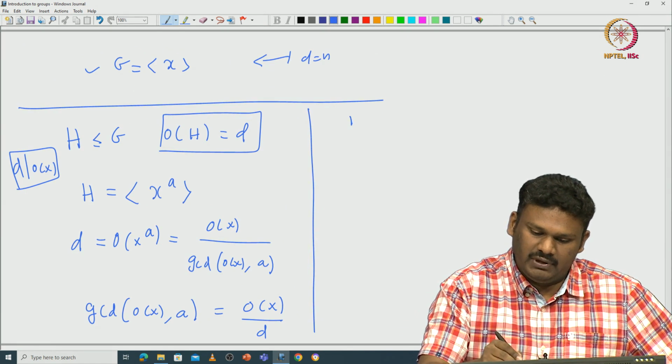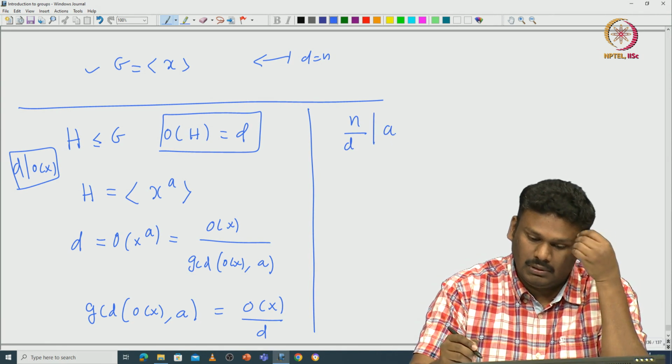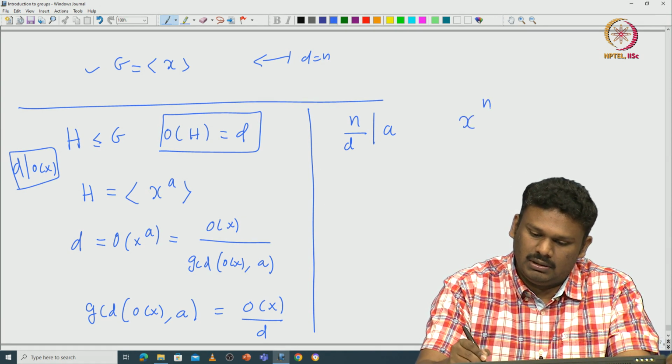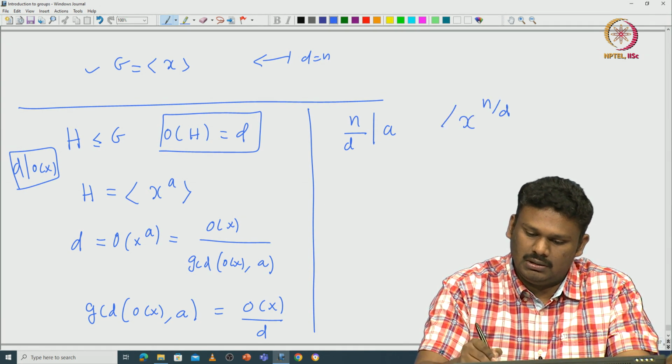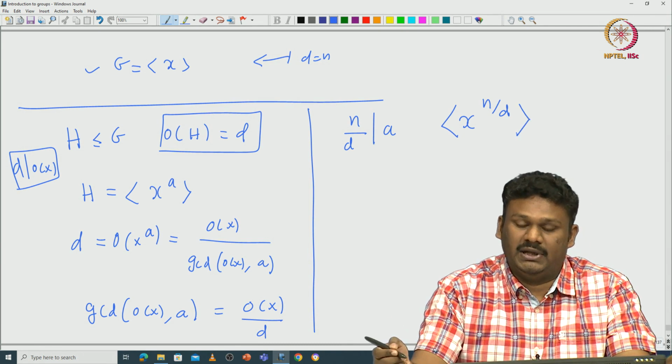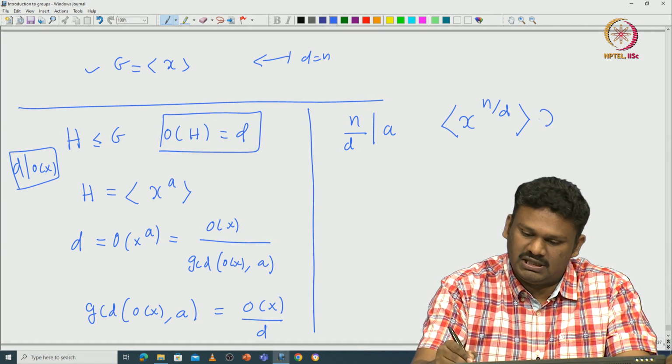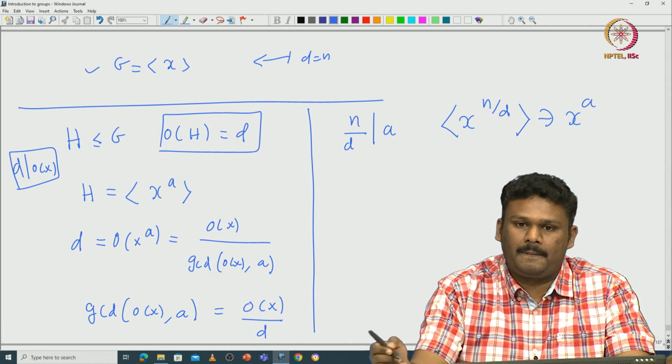So, you have n by d divides a. Okay. So, now if you take this x power n by d, the subgroup generated by this, since this a is a multiple of n by d, then this must contain x power a.